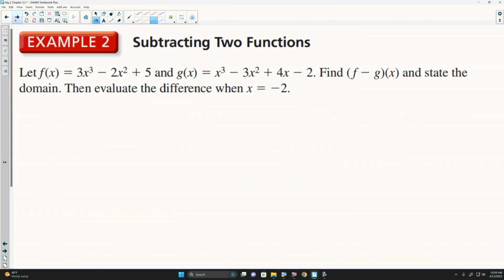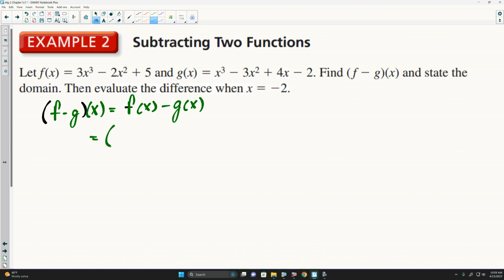Now we're going to look at subtraction. This time they didn't give us radicals, they gave us polynomial expressions, but it still works the same. So we're looking at f minus g of x. And f minus g of x is the same as saying f of x minus g of x.